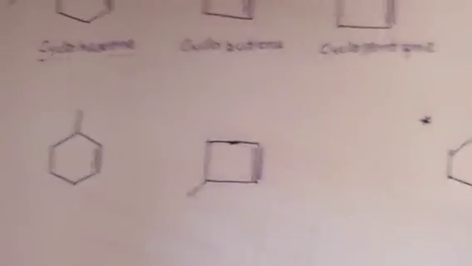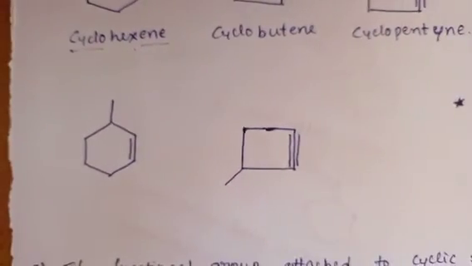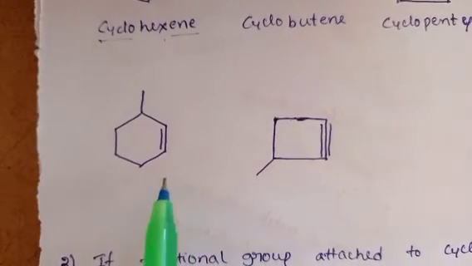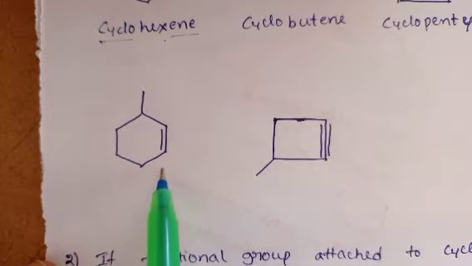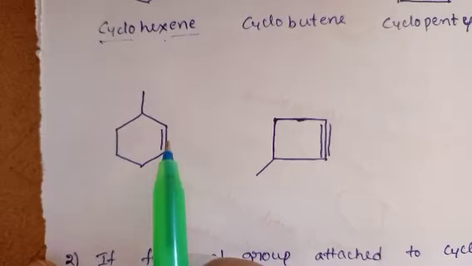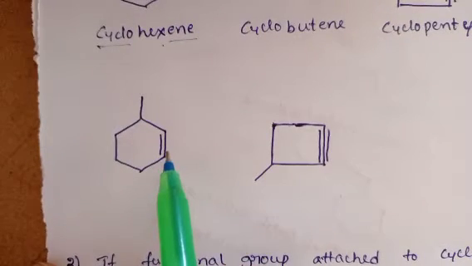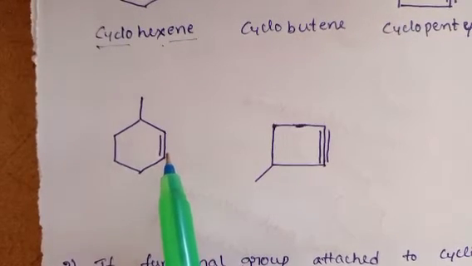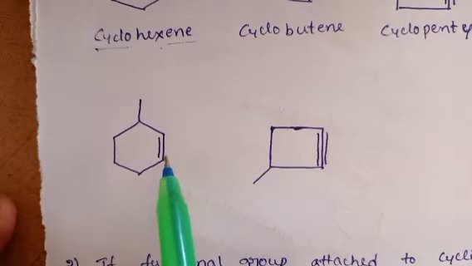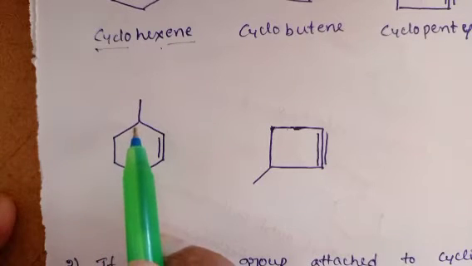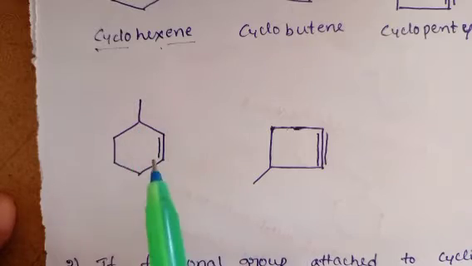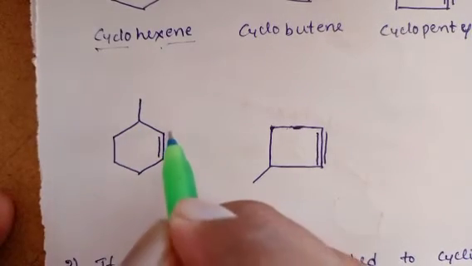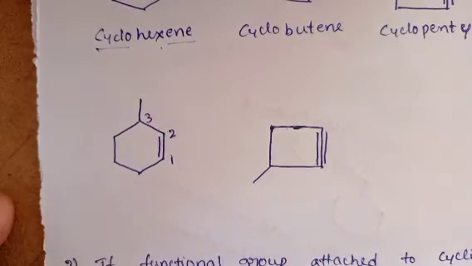Next example, fourth example. See this example. Yes, a cyclic ring is present. In the cyclic ring 6 carbons are present, one substitution, one multiple bond is present. So based on that multiple bond we have to give the numbering, but there are two possibilities: 1 2 3 4 5 6, and another chance 1 2 3, just 1 2 3 completes the substitution, so give the numbering from this side 1 2 3.